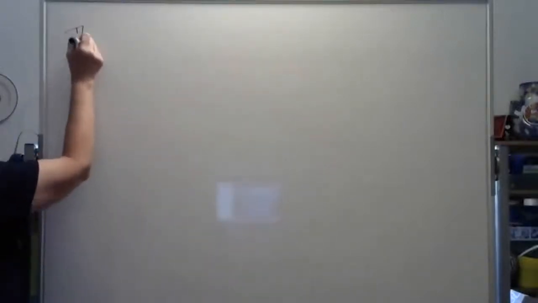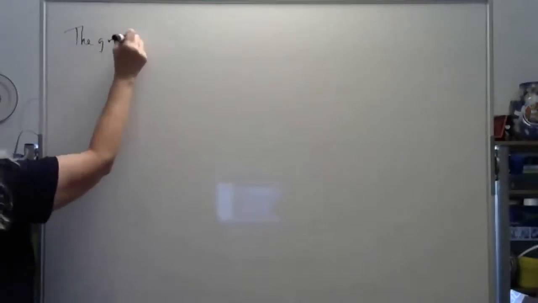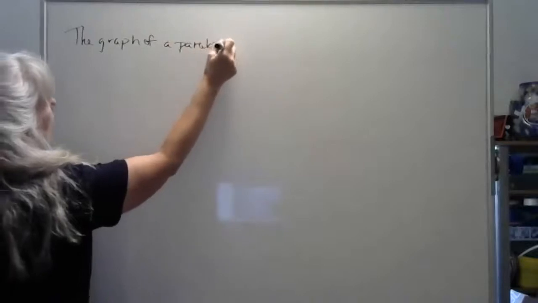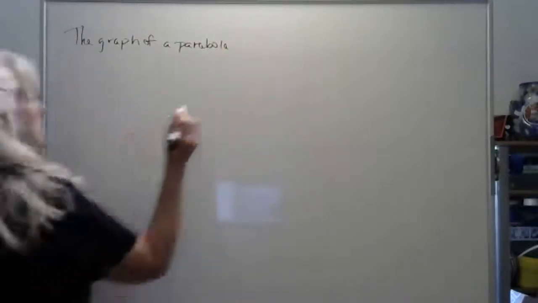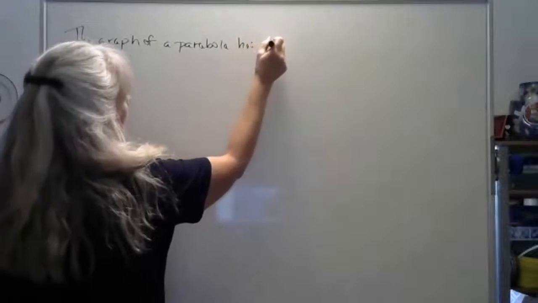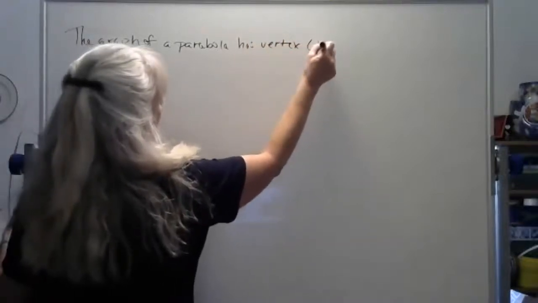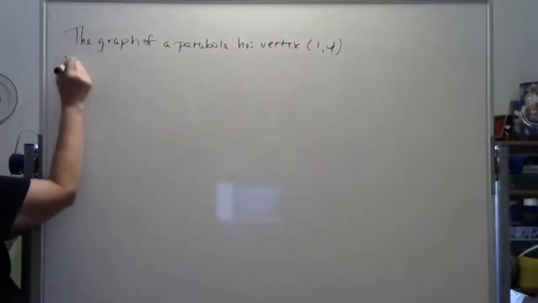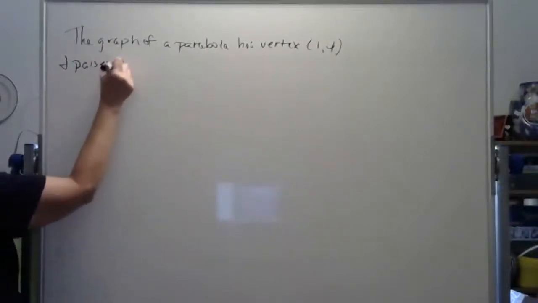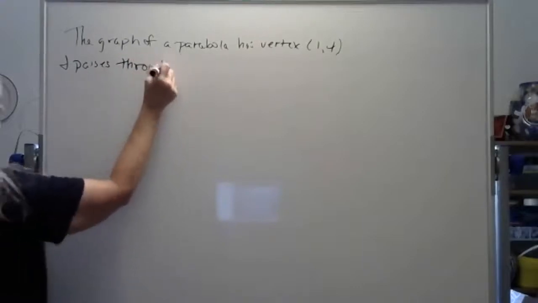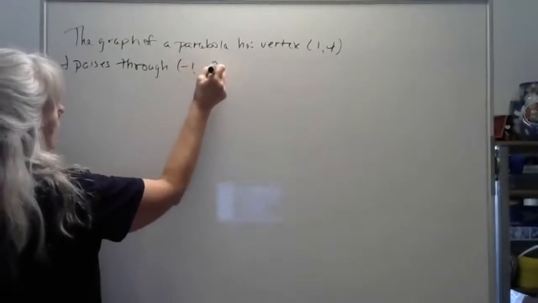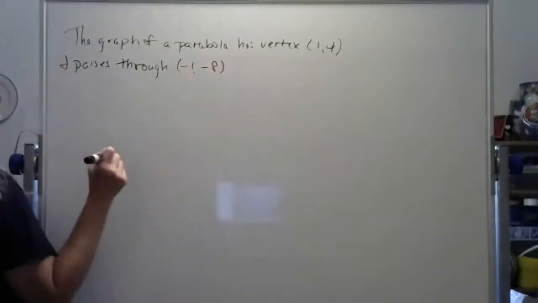The graph of a parabola has vertex at 1, 4, and passes through the point -1, -8. They want us to find the quadratic function.